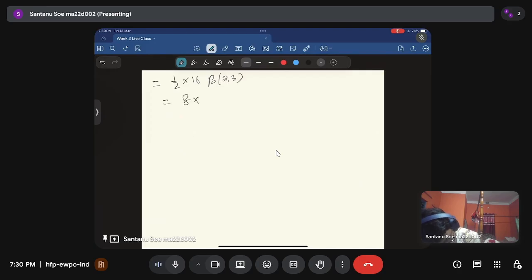So 8 times gamma of 2 gamma of 3 divided by gamma of 5, so 8 into 2 into 1 by 4 factorial, which is 16 divided by 24.